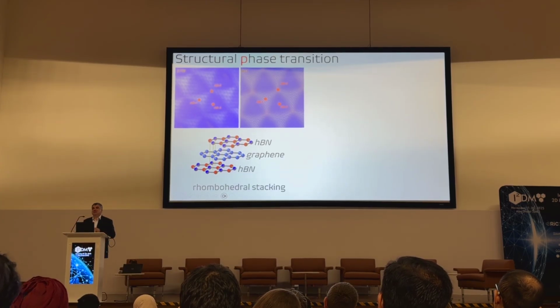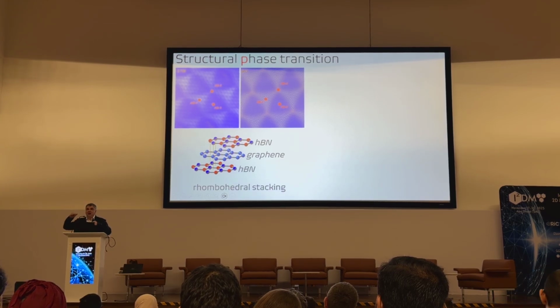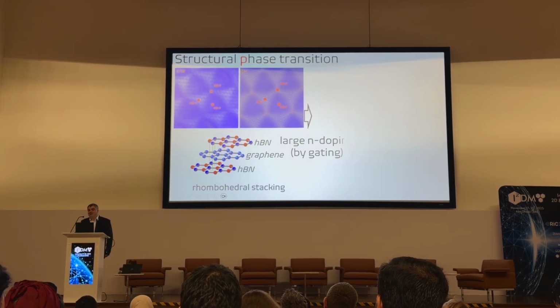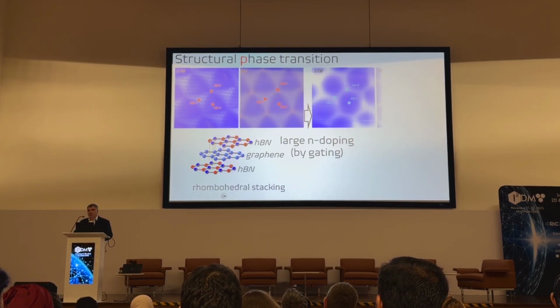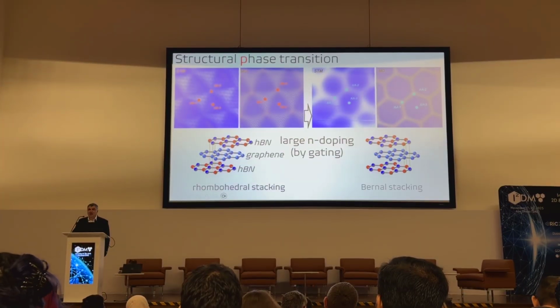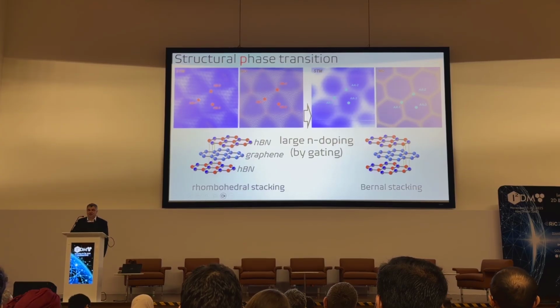One is similar to the ABC rhombohedral graphene, just the two outside graphene layers here are replaced by boron nitride, but the symmetry is essentially the same. Or after the transition, we see that one of the layers slides, and then you find yourself in a different symmetry configuration.